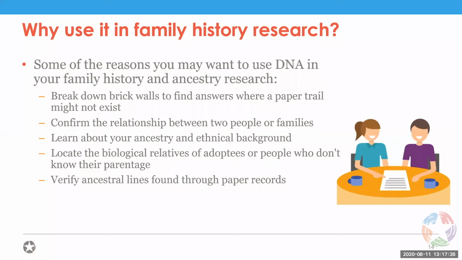DNA can also help to locate the biological relatives of adoptees or people who don't know their parentage. Many times, connections are discovered through relatives that can lead to biological parents and family. DNA is a great way to also verify those ancestral lines that are found through paper records.